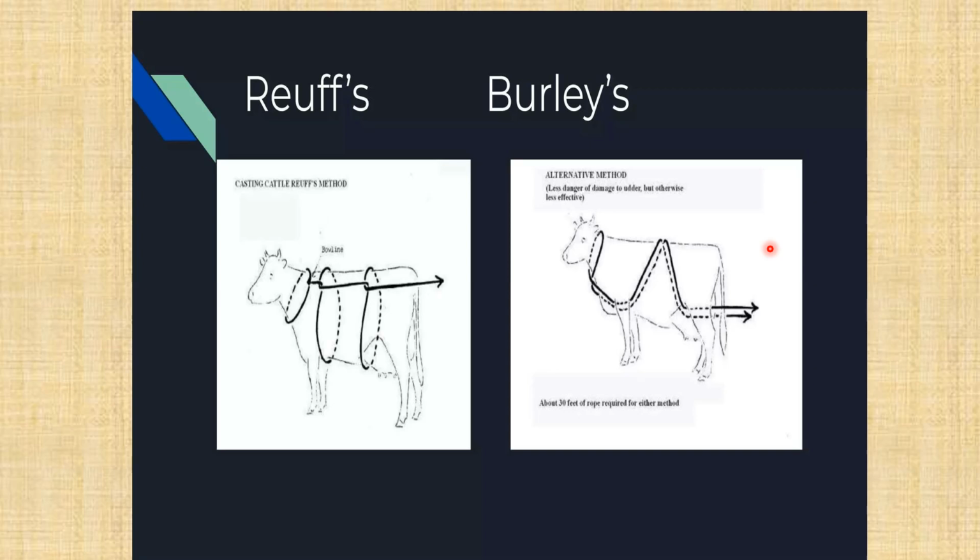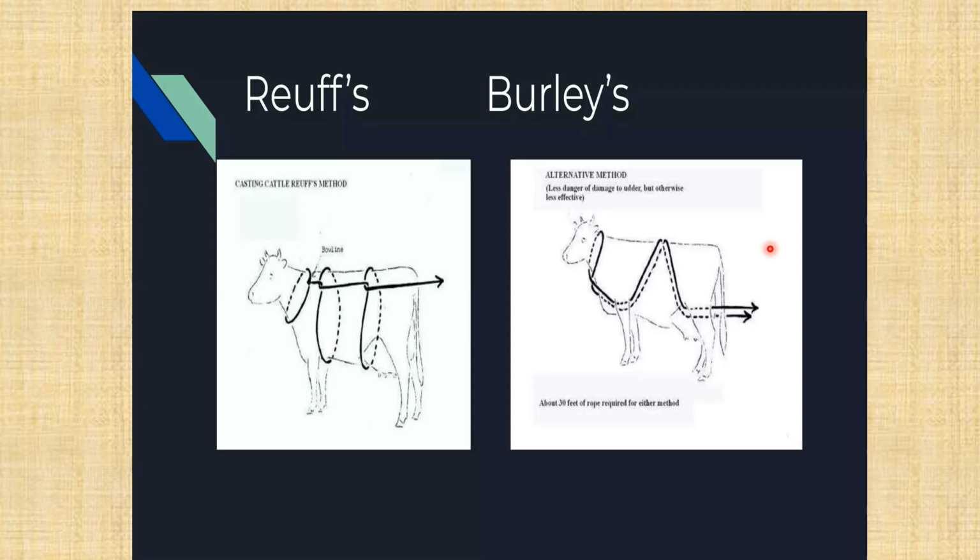And here is Reuff's method of restraining. Go slowly while reading the different parts, because your energy is very much required in future also.